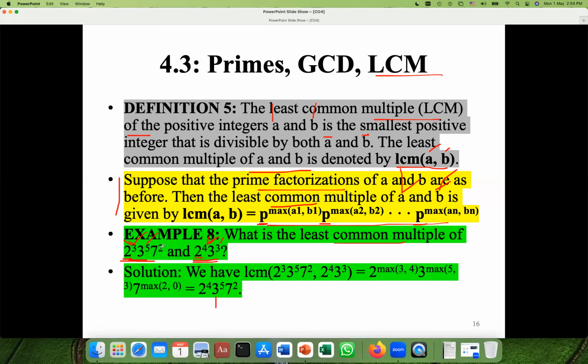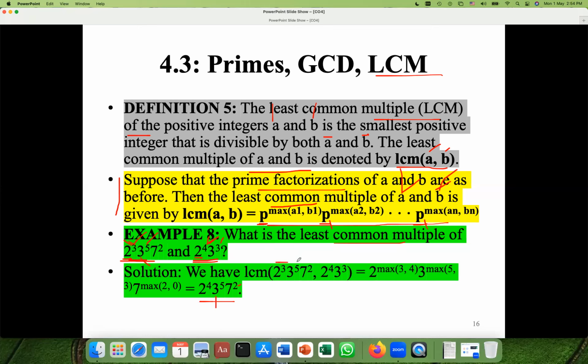What is the maximum for 7 squared? Here you don't have 7, so 7 squared, okay, keep that 7 squared. And that would be the LCM. So this formula is saying to keep only the maximum of A1 among A1 comma B1. Similarly, for the second digit, and if you have another digit and so on, up to n digits.